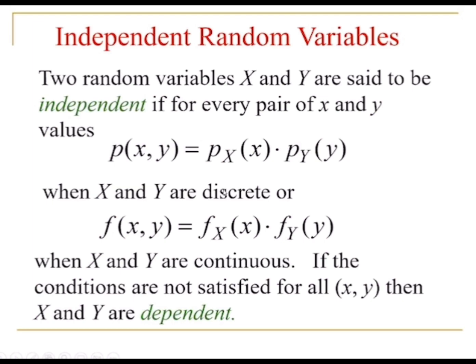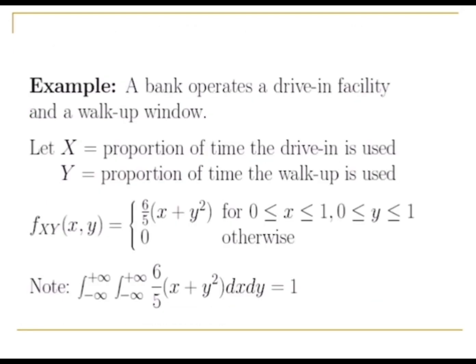Another thing we want to do is, in a situation where we want to show that X and Y are independent. I told you the other time, in this bank, the administrator may want to see whether the proportion of time the drive-in facility is used is independent of the proportion of time the walk-up facility is used. So what are we going to do?